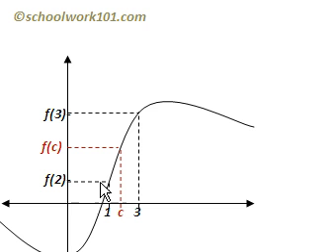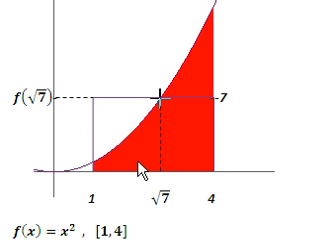Now this is really interesting geometrically. Let's take a look at it. So I've got this picture here. Now remember, we were taking the integral of the function between 1 and 4, and we're finding the area under this function right here. What's interesting is there's some number between 1 and 4 on the x-axis that, when we plug it into the function, we get f of square root of 7.